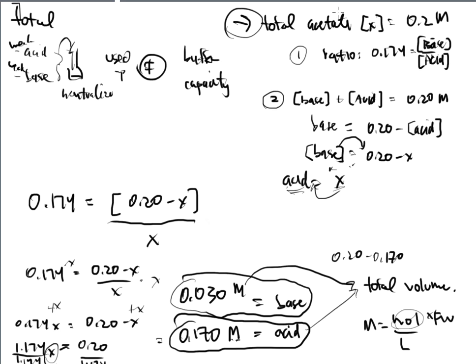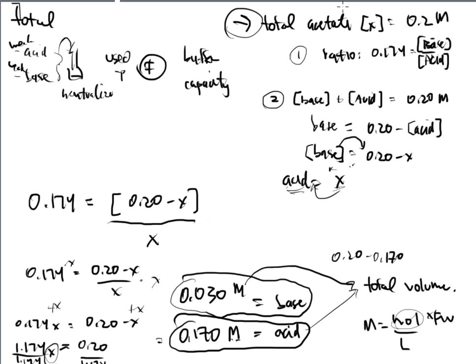It's not going to go over the buffer capacity, and then all of a sudden it's like, why did I make the buffer in the first place? If my buffer capacity is really low and my buffer is not going to do the job, then why did I take all the trouble in making this buffer if it's not going to keep the pH at a certain range for me?